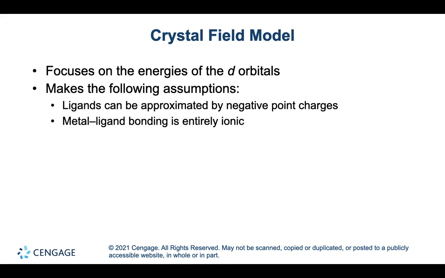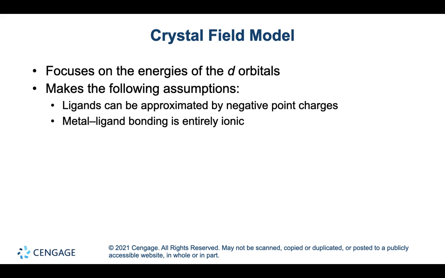The crystal field model is a little different and a little bit more effective at explaining the magnetism and the colors of these coordination compounds. So in the crystal field model, what we're doing is we're assuming that the ligands, which we're approximating as negative point charges, are interacting with the d orbitals on the metal ion.